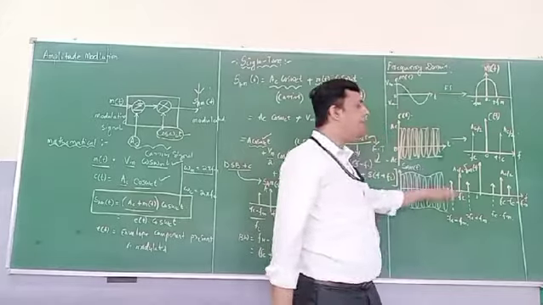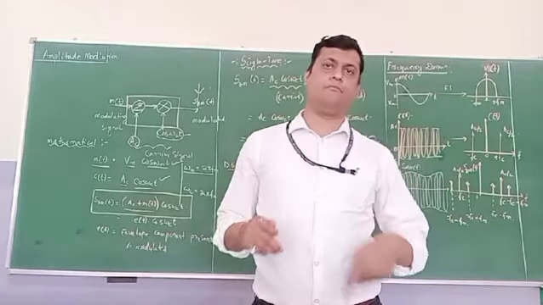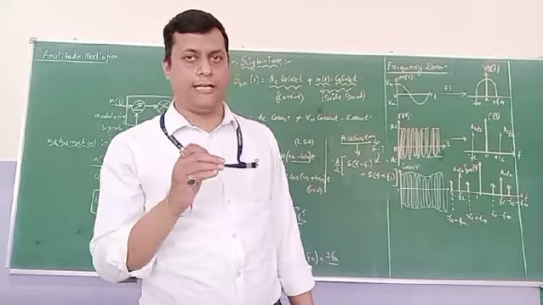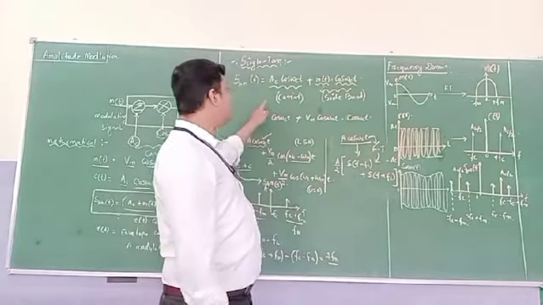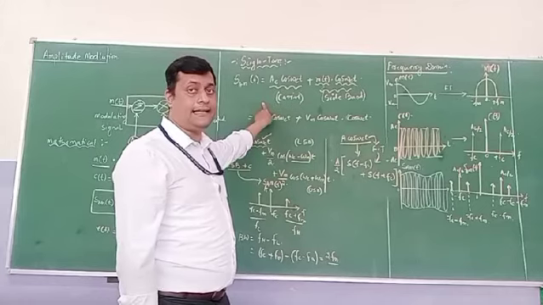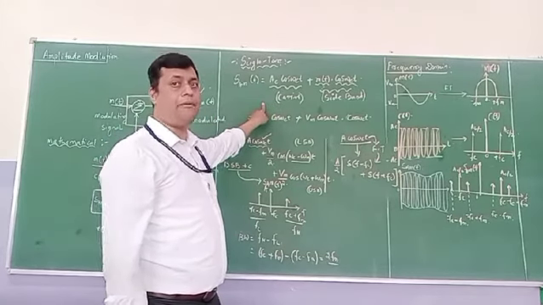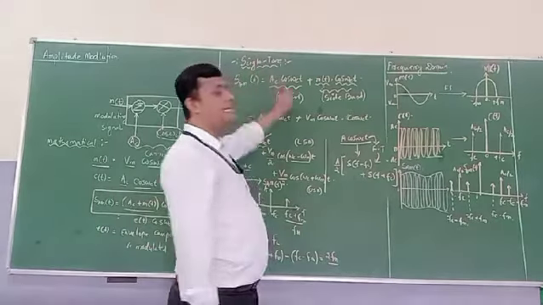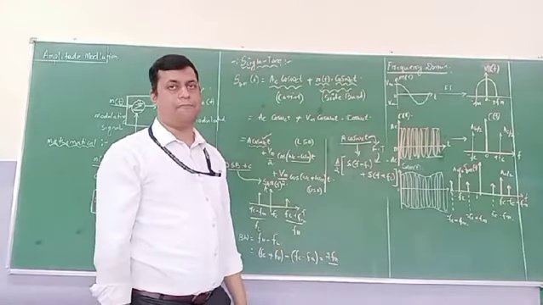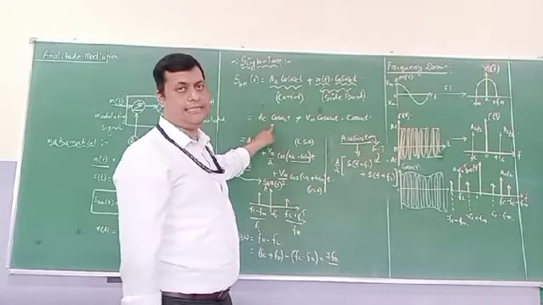This is the frequency spectrum of the amplitude modulated signal for a single tone, because here we have considered that our modulating signal has only one frequency component. If it has only one frequency component, we can consider the single tone representation. This is the single tone derivation.